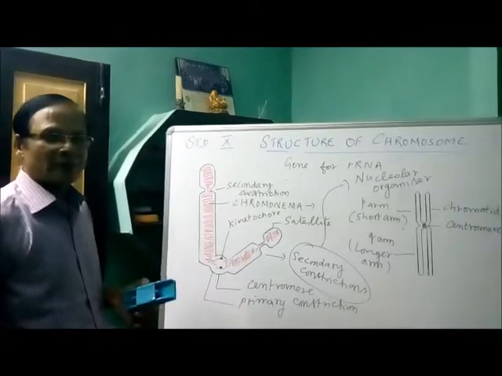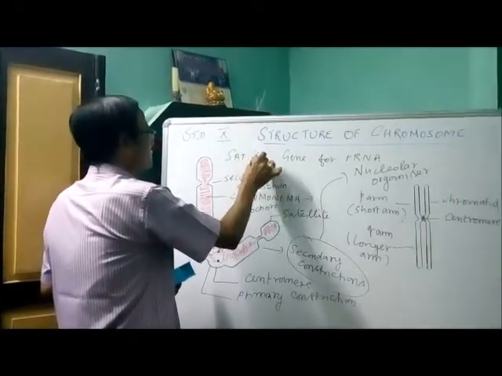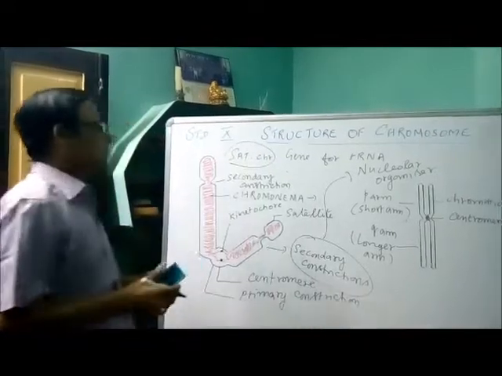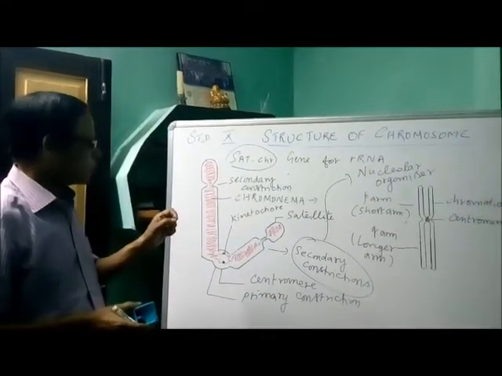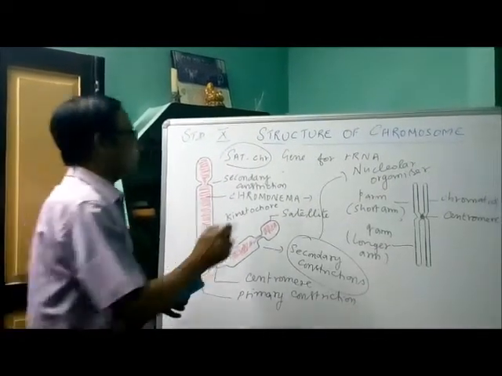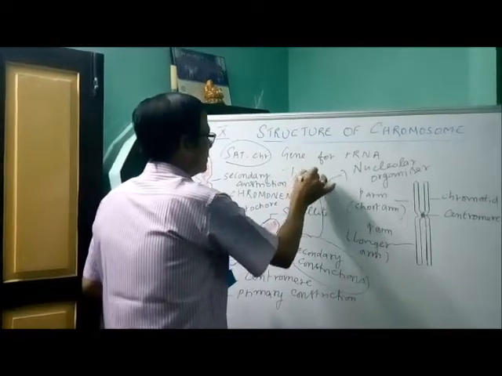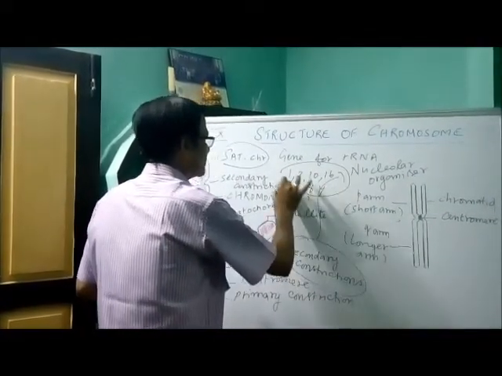Chromosomes having satellite are called SAT chromosomes. The satellite is not present in all the chromosomes. It is present only in specific chromosomes, for example 1, 3, 10, 16 and Y chromosomes in humans.